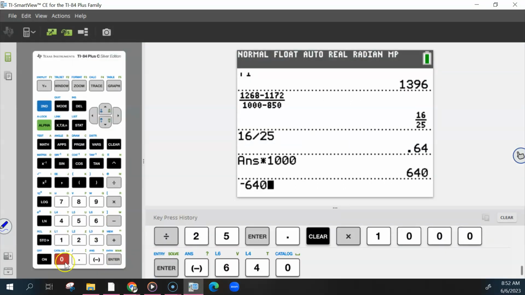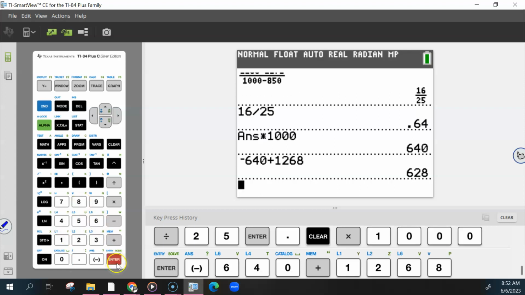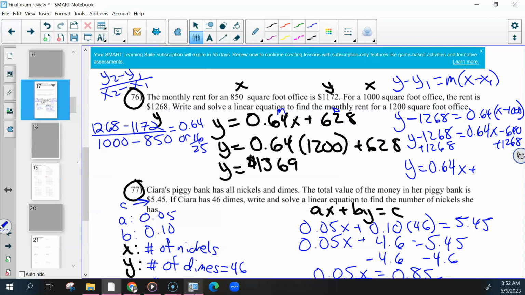Negative 640 plus 1268. And we get that same number that we got before. The rest of it would be the same. Put in 1200 for x and figure out the answer.